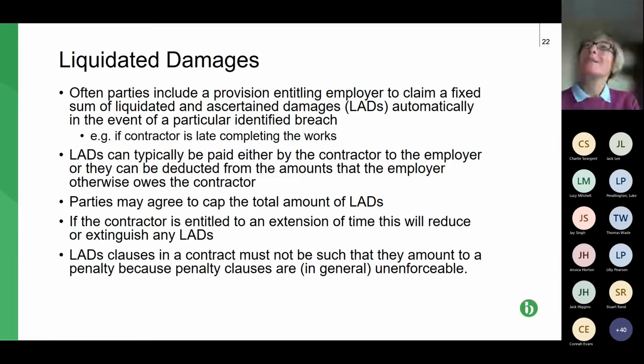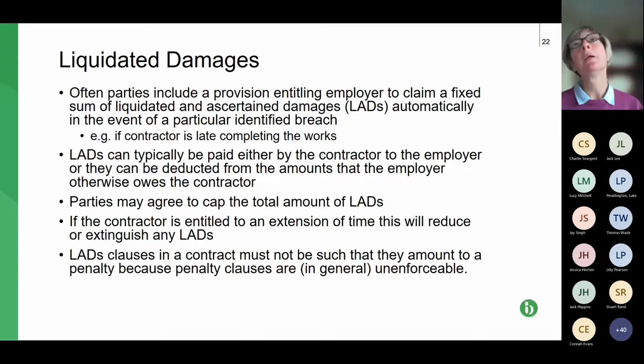Liquidated damages is exactly the same principle, except instead of having those general damages where the employer, the paying party, has to prove the loss that it suffered, the liquidated damages are stated in the contract, so no proof is required. All the employer needs to show is that the contractor hasn't completed on time and comply with any procedural requirements.